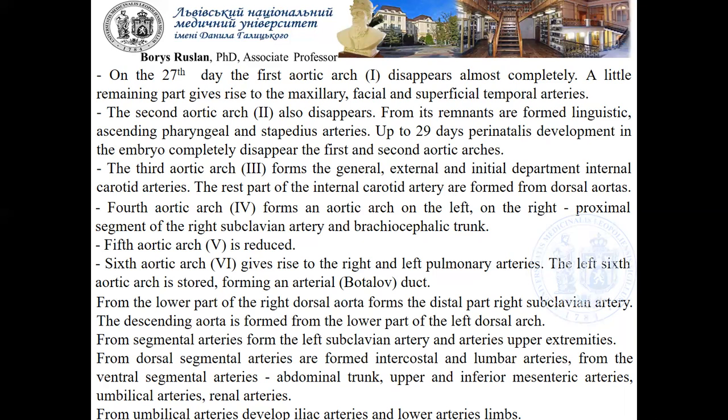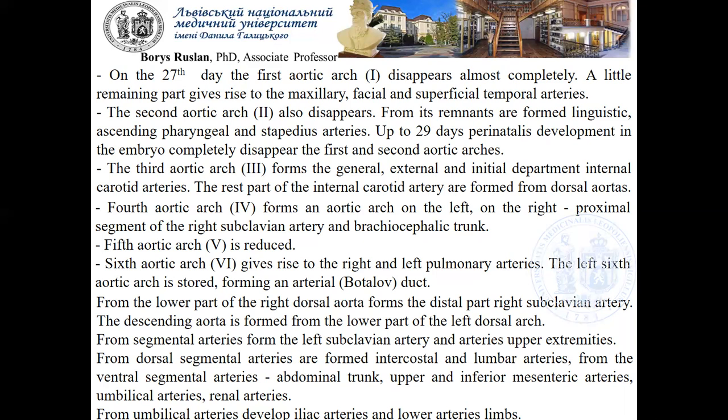The fourth aortic arch forms the aortic arch on the left, and on the right the proximal segment of the right subclavian artery and the brachiocephalic trunk. The fifth aortic arch is reduced. The sixth aortic arch gives rise to the right and left pulmonary arteries.